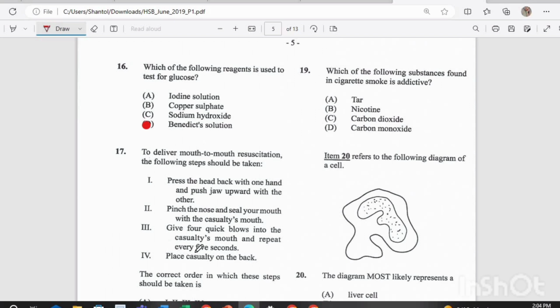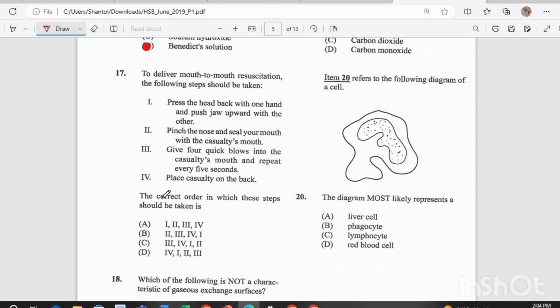And 4. Place your casualty on the back. The correct order in which these steps should be taken is, and the answer there would be in the order given: 1, then 2, then 3, then 4, and the answer would be A, because you must do all of these in the order they are in. Alright.